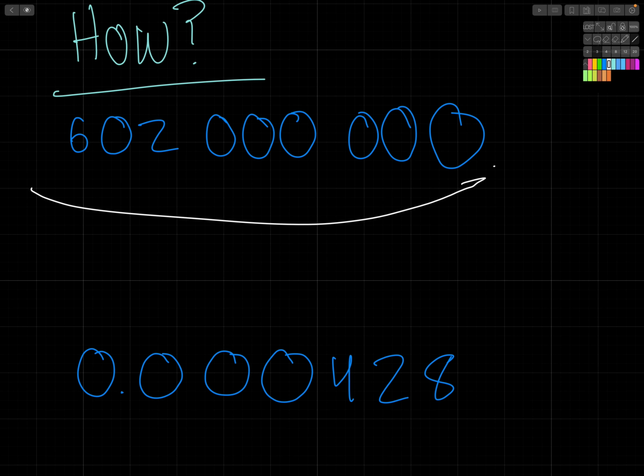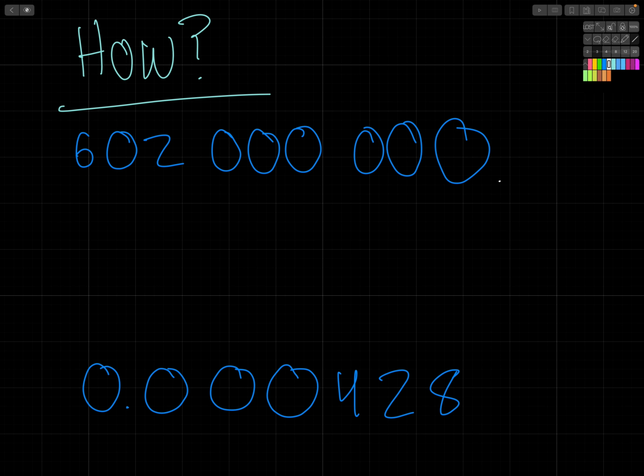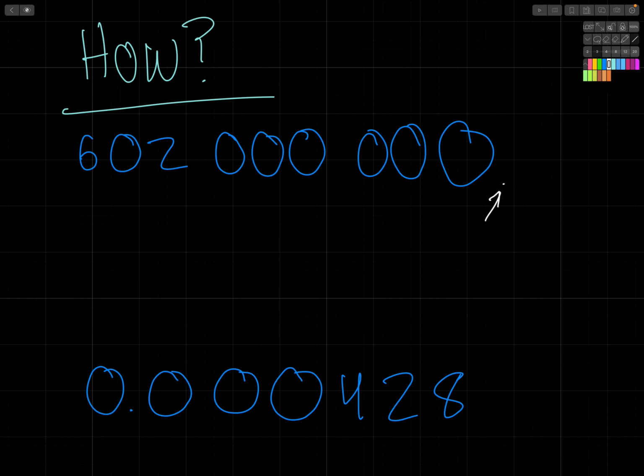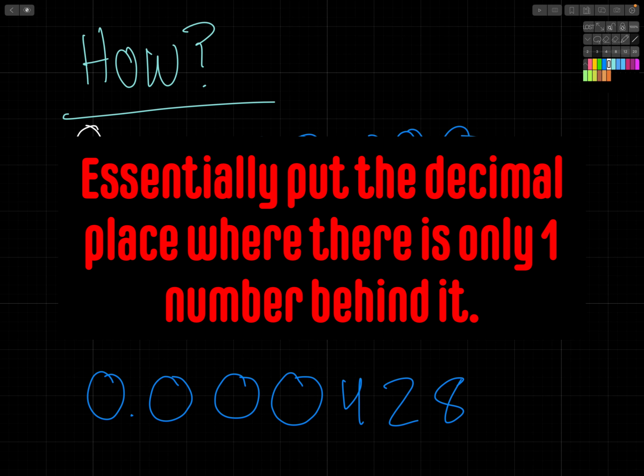So now you want to count how many times it takes you to go from here all the way to in front of the first number, right? So we recognize this is the first number. We want to take this decimal place and travel it all the way to in front of the first number.